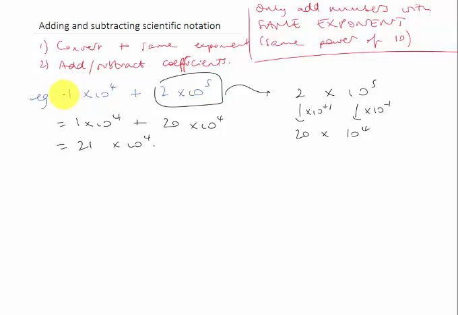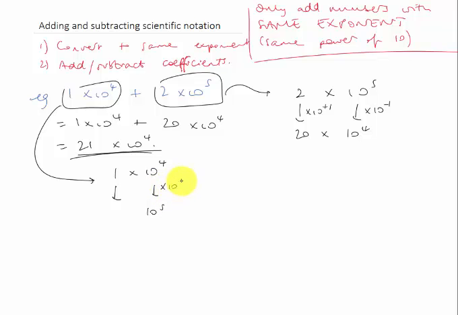Or we could go the other way around and we could change them both to 10 to the 5. So let's do that. So 1 times 10 to the 4. To go from 10 to the 4 to 10 to the 5, you multiply by 10 to the plus 1. So then you have to multiply the 1 by 10 to the minus 1, so that gives 0.1 times 10 to the 5.